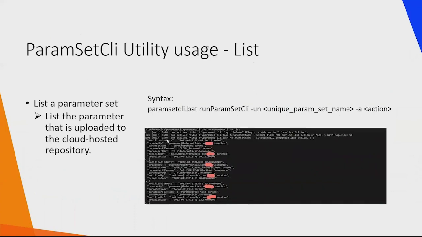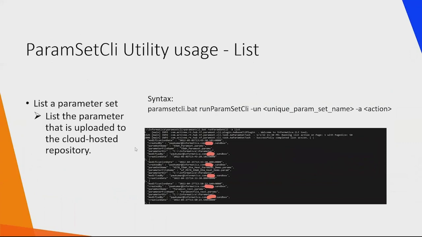And if you want to see all the different parameter sets present in the cloud hosted repository for your org, you can see that using this list command. It will tell you who created it, the parameter set file name, the directory from which it was uploaded, who last modified it, and when it was created. All that information it will show you through this command line utility.